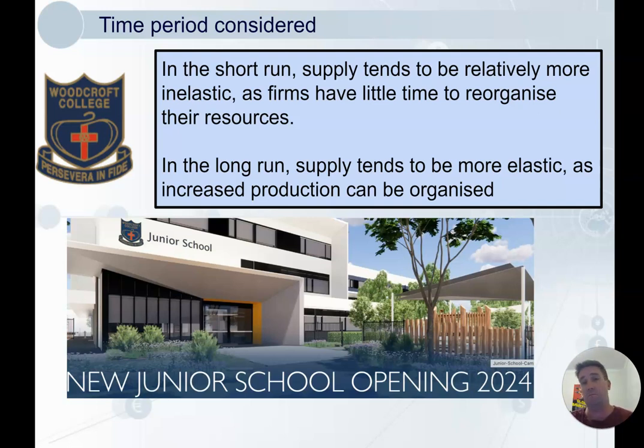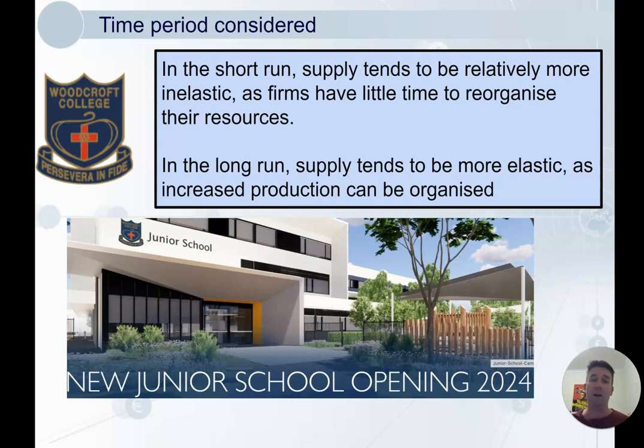it's got, my understanding is there are wait lists for parents to enroll their children in the school. So there might be high demand, and in the short term, they can't really respond to that because there's only so many buildings, only so many classrooms for children to learn in.